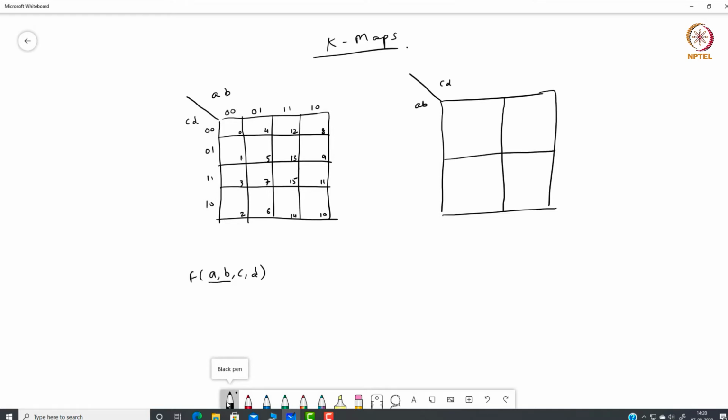If we transpose this way, keeping our most significant variables on the sides, then the way we would write the min terms would be 0, 1, 2, 3, 4, 5, 6, 7, 8, 9, 10, 11, 12, 13, 14, 15.